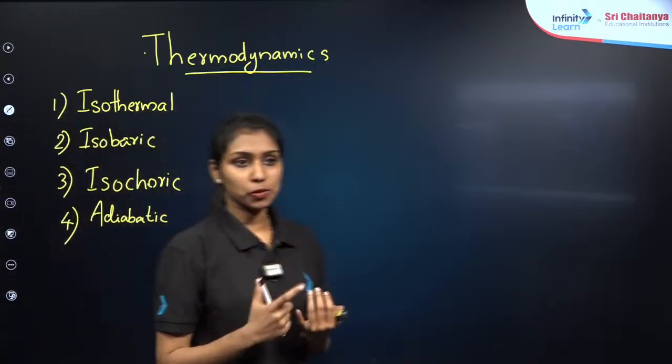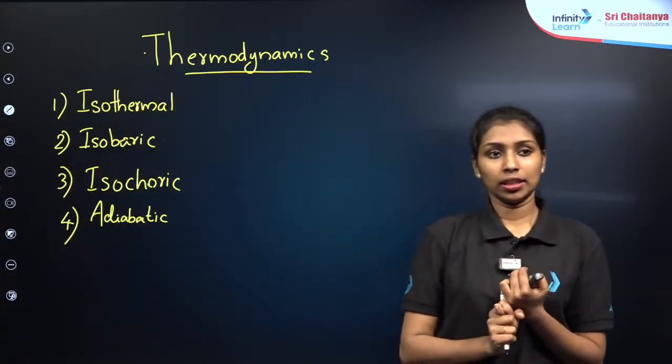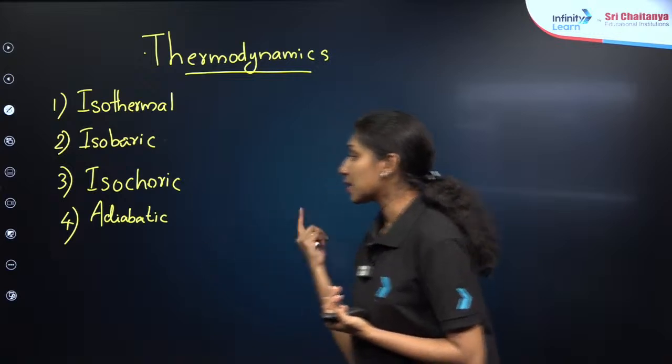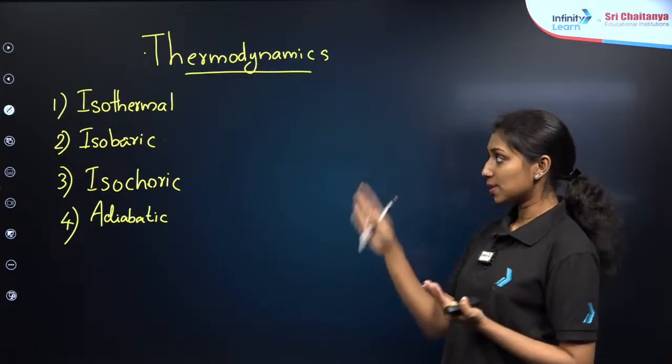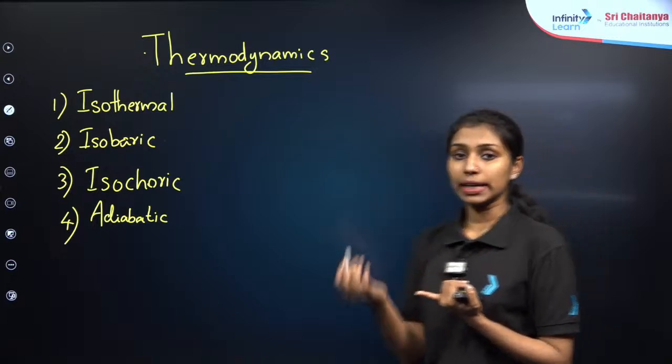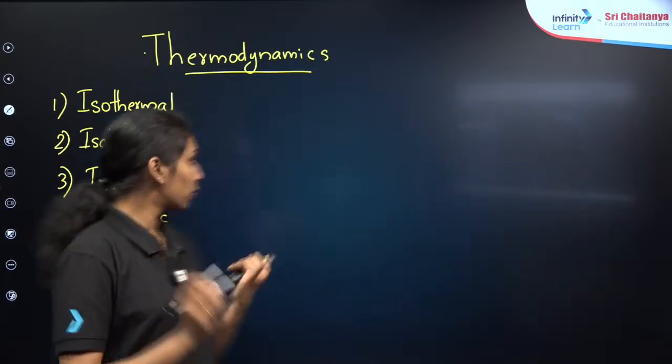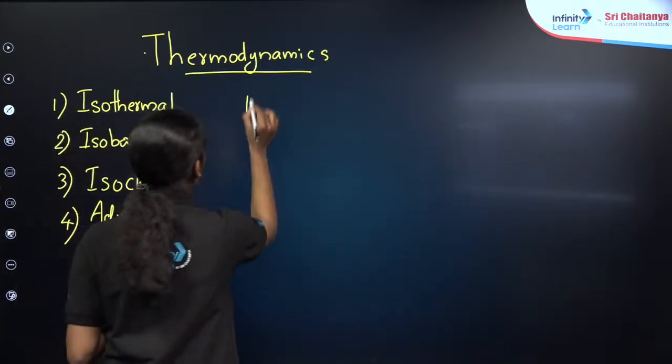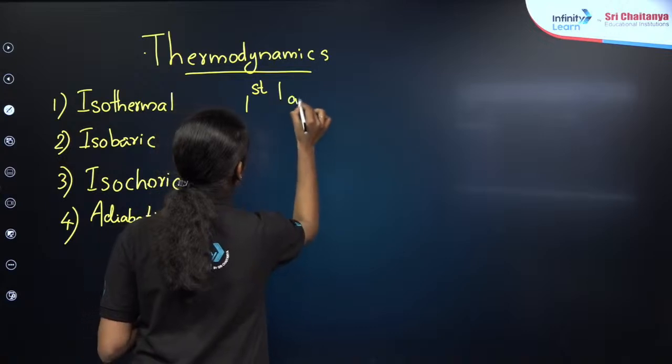Isothermal, isobaric, isochoric and adiabatic. I hope everyone knows the difference between these 4 processes. Then depending upon the process, you can predict the value of work, W. Then we moved to the first law of thermodynamics.